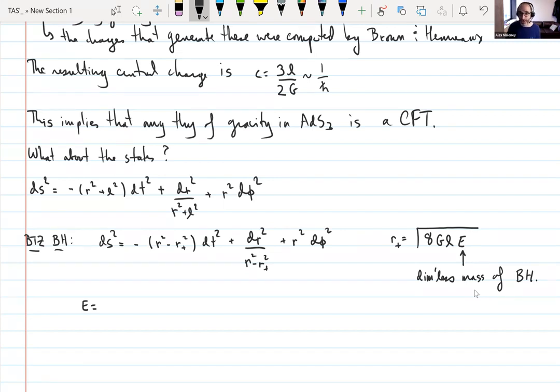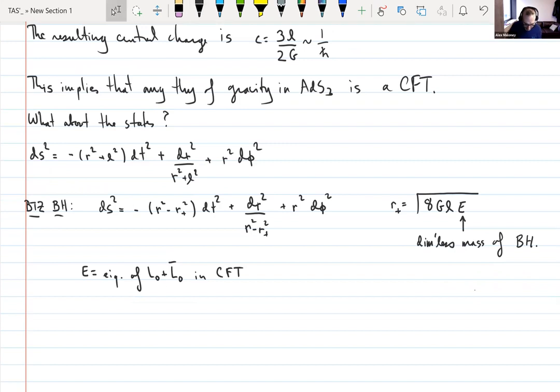Well, it's the mass, or that is to say the energy conjugate to d by dt, otherwise known as the generator of time translations on the cylinder, otherwise known as the eigenvalue of L0 plus L0 bar in the CFT language. What we would call scaling dimension in the language of the CFT on a plane, or what you would call the energy in the language of the CFT on the cylinder.